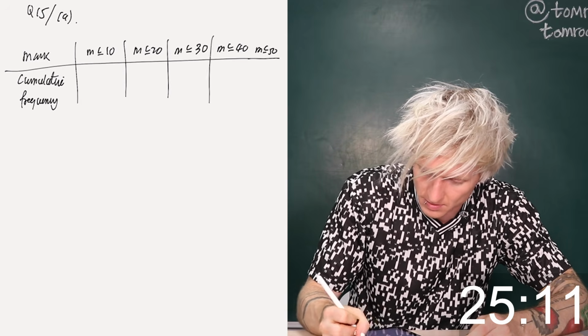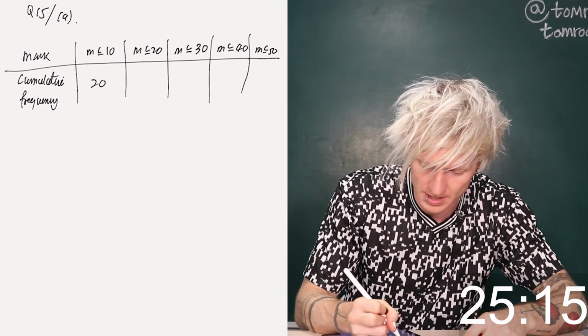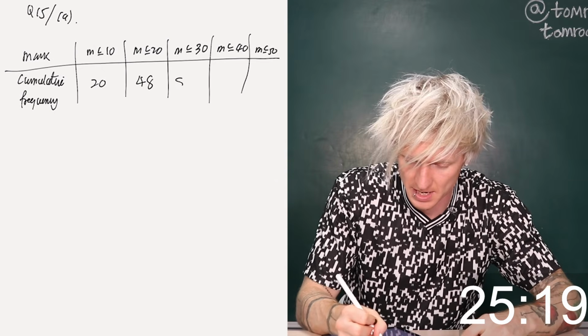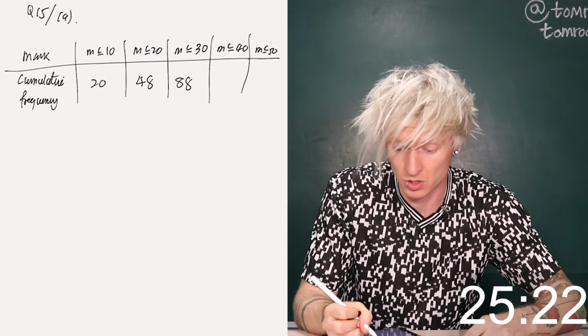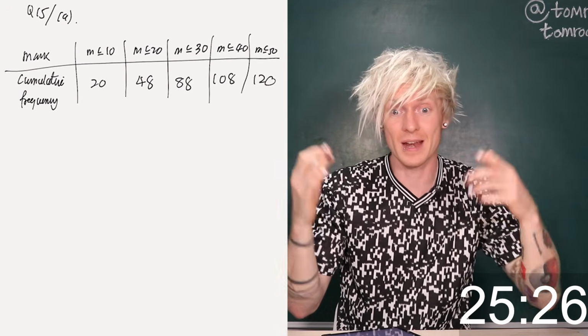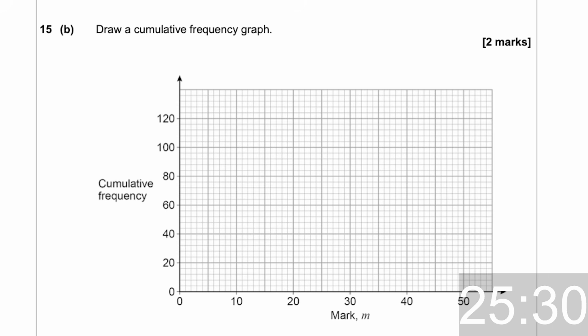Then let's add in those columns. If I just add them up, 20 plus 28 gives me 48, plus 40 gives me 88, plus another 20 is 108, and then plus 12 gives me 120, as it has to be because there's a total of 120 students. Good, so I think that's okay.